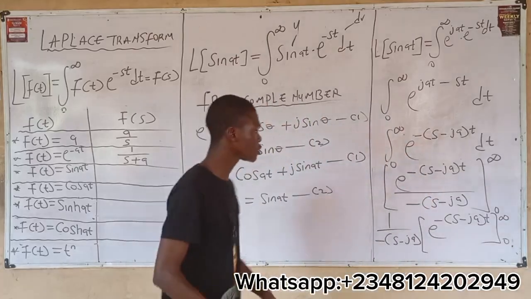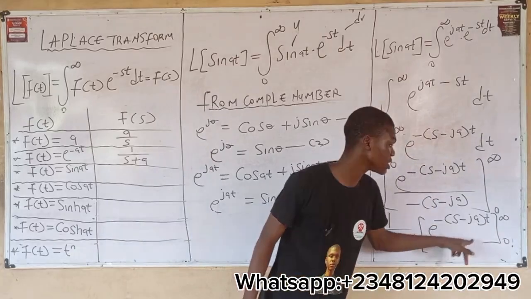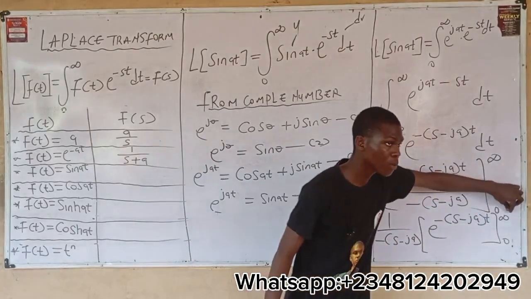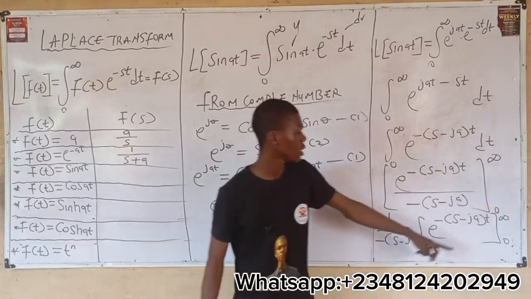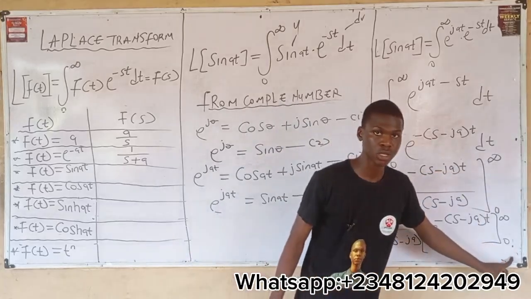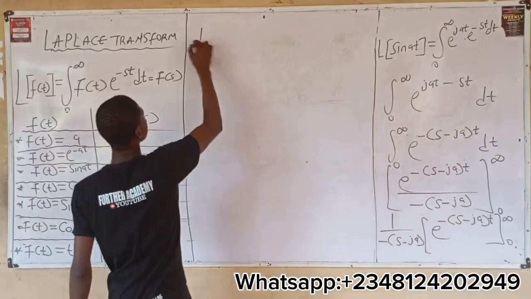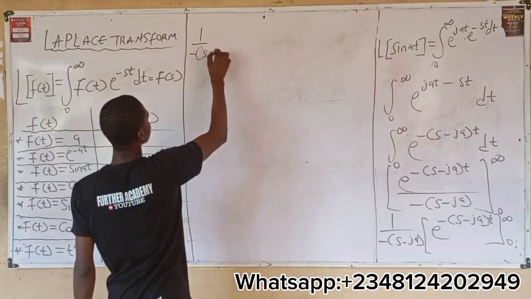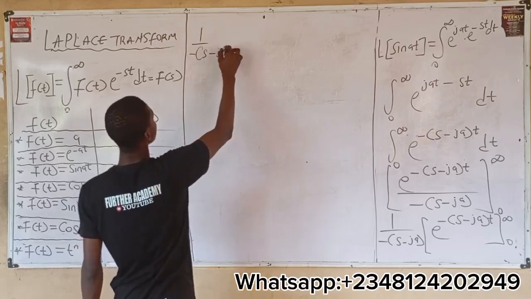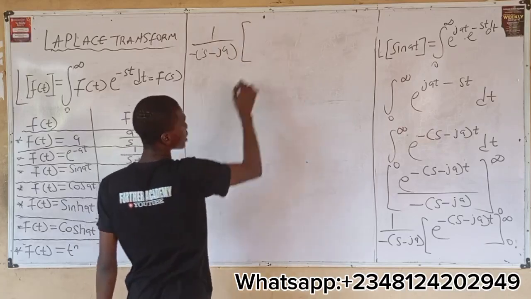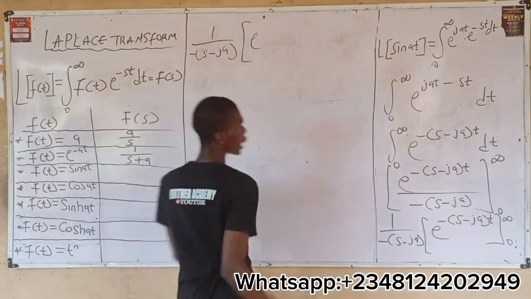Alright, now let's substitute our limit. You know how limit works. This is a definite integral. By definite integral, your upper limit comes first, then your lower limit follows. From here, I have 1 divided by s minus ja, all into bracket exponential negative, all into bracket s minus ja multiplying infinity, minus exponential negative, all into bracket s minus ja multiplying 0.